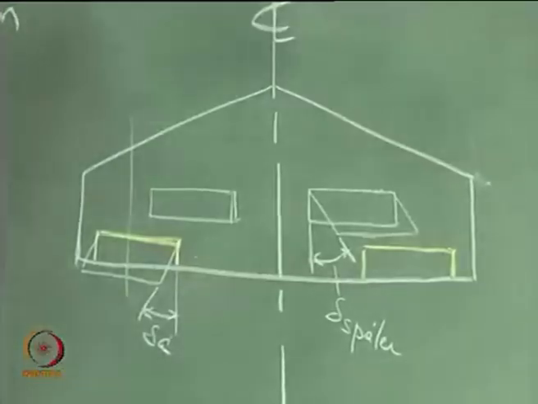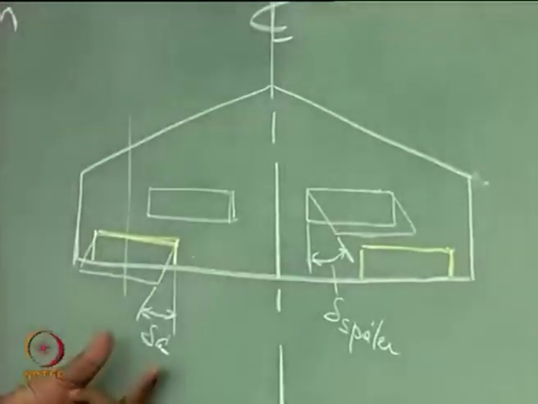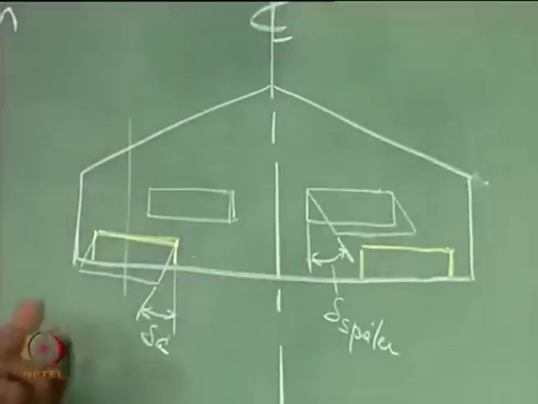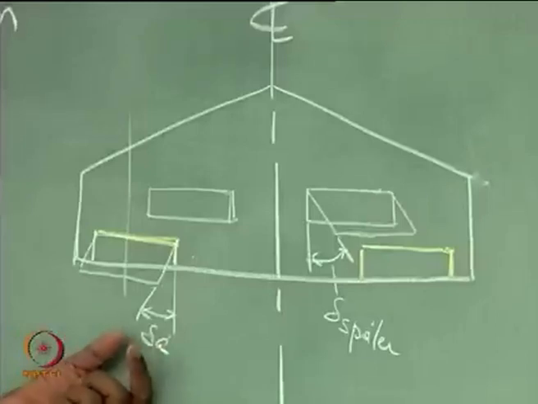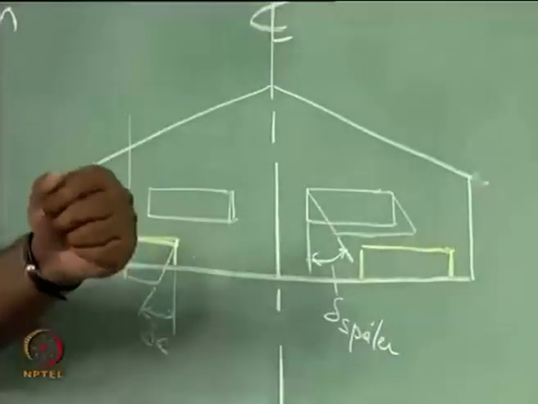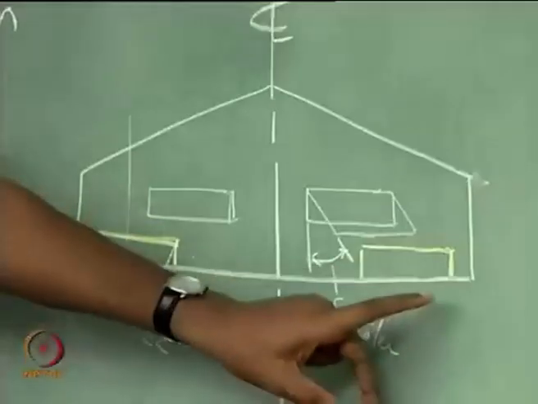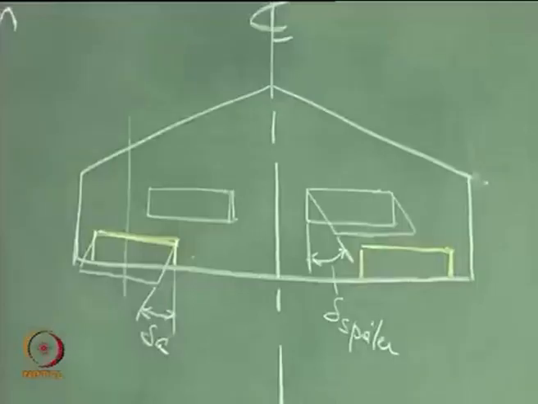So, what should be the sign of this aileron deflection? If you want a larger roll, you can simultaneously deploy both sides, right. So, this will go up, this will go down, is not it. You cannot have both of them up, because that is not going to give you a differential lift.